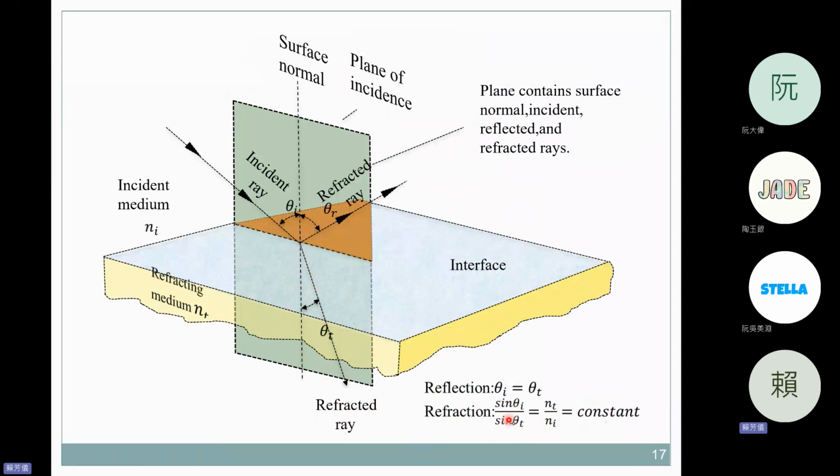Besides this, to describe the law of refraction, we not only need to say that Ni times sine theta I equals Nt times sine theta T, but we also need to clarify that the incident ray, the refracted ray and the surface normal lie on the plane of incidence. It is the same as the law of reflection.